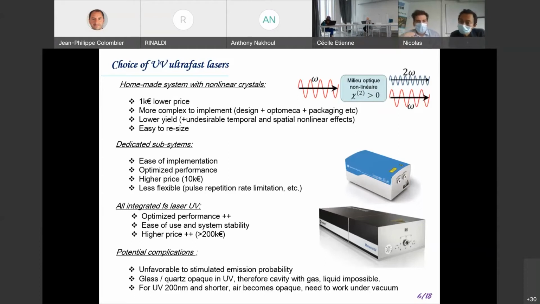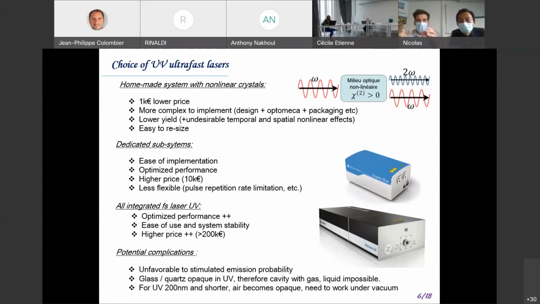Then you have the dedicated subsystem, which is approximately 10,000 €. It allows you to have a femtosecond laser source in infrared, and then to transform the infrared wavelength to a UV wavelength in a one-box system. You can buy it off the shelf and integrate it.